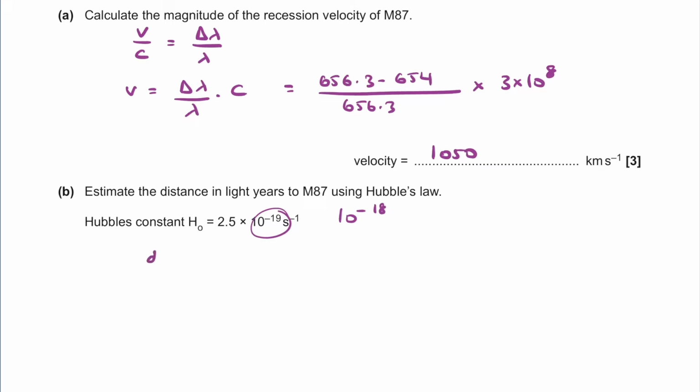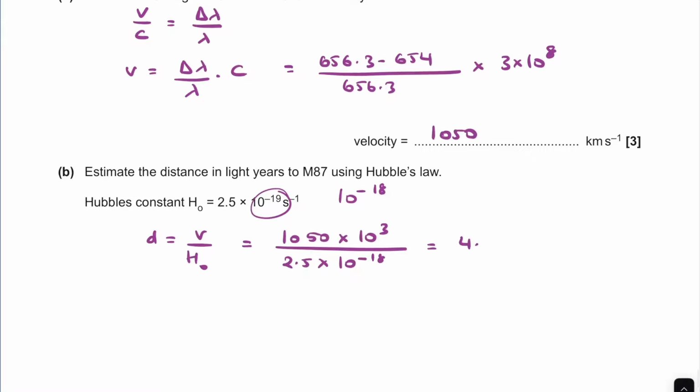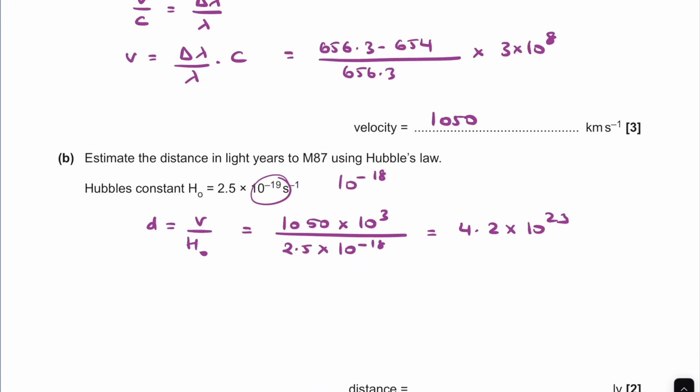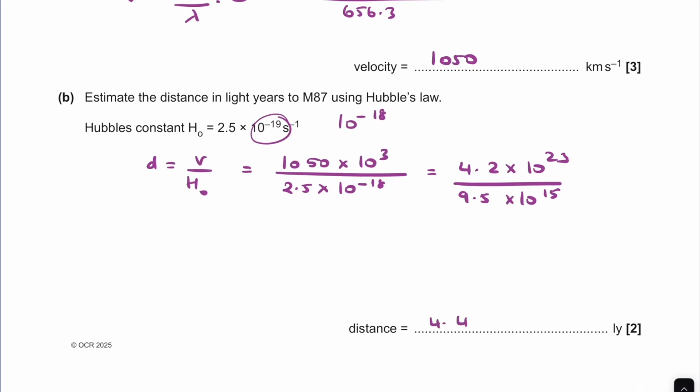We know D is equal to v over H. Recession velocity was 1050 times 10 to the power of 3 to convert it into meters, and then divide this by Hubble's constant, and that would give me a value of 4.2 times 10 to the 23 meters. To get this in light years, the conversion between meters and light years is to divide by 9.5 times 10 to the 15. This gives me 4.4 times 10 to the power of 7 light years.